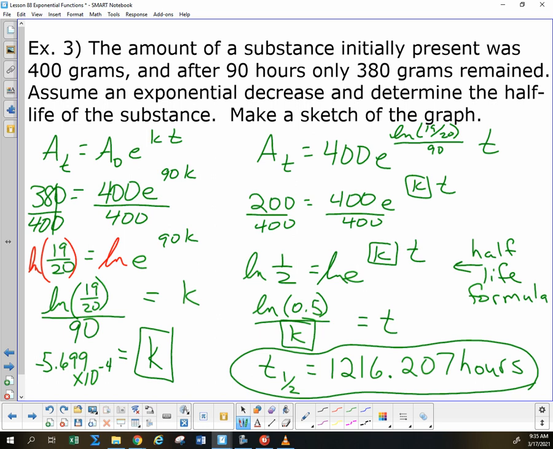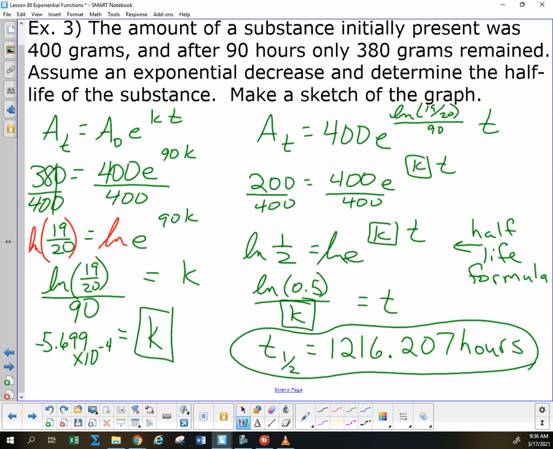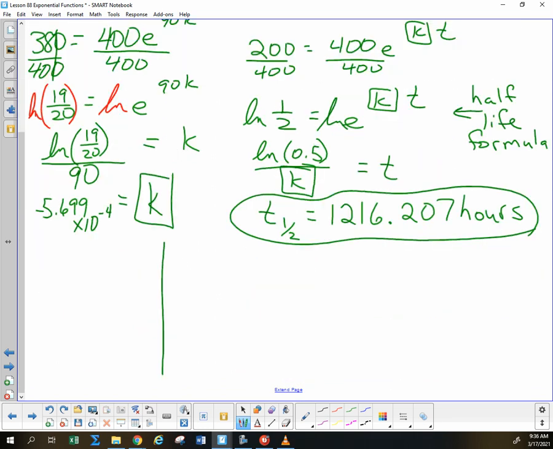And then we need a sketch. So this time it is decay, so we need to draw that it is going down like this. Our starting amount was 400, so that's our y-intercept. The y-axis is our amount at time t, the x-axis is our time. And then half-life, this is not necessarily going to be the scale.